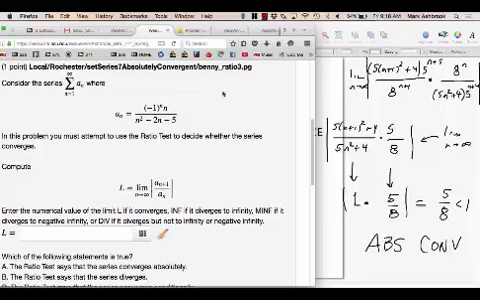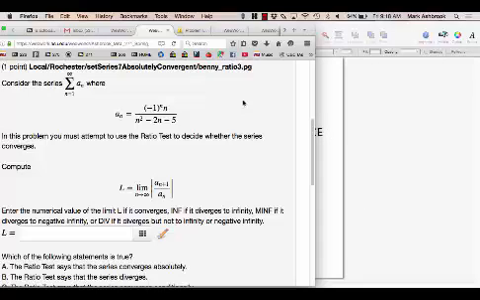Another ratio test problem. All right, so we're going to do the ratio test. Here we go. Set it up.